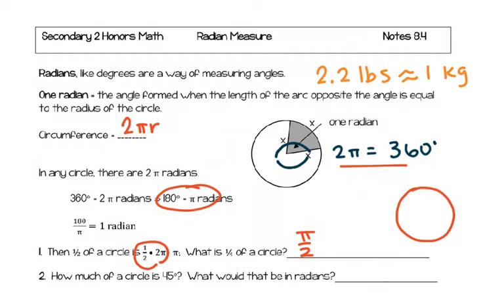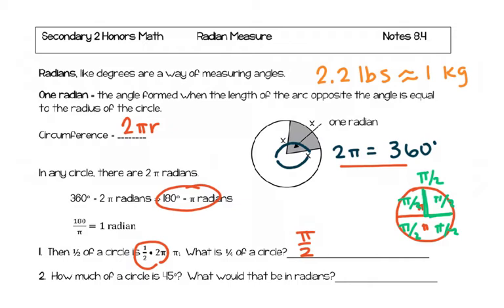One circle is 2 pi. We're used to thinking half and half: this is pi and this is pi. So a fourth of a circle is half of pi, so that's pi halves. You have pi halves, pi halves, pi halves, pi halves, and all of those together make 2 pi.